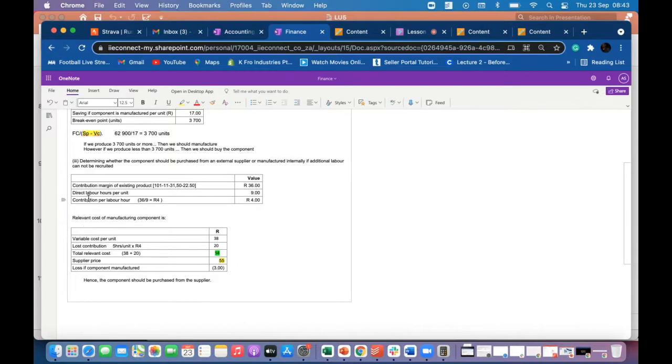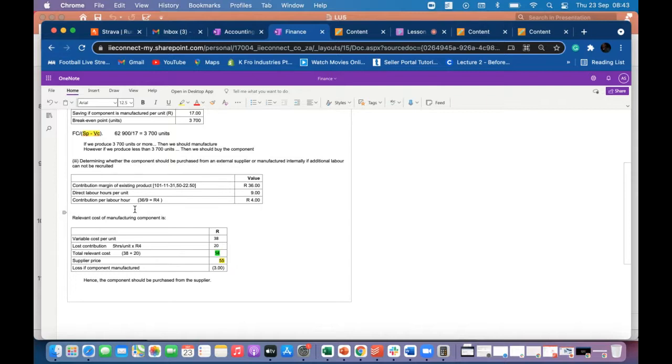Cool, no problem. Then we say direct labor hours per unit. We know that it's 9 hours per unit, okay? So then we're saying, what is the contribution per labor hour? Remember, this is what we did in the first one.